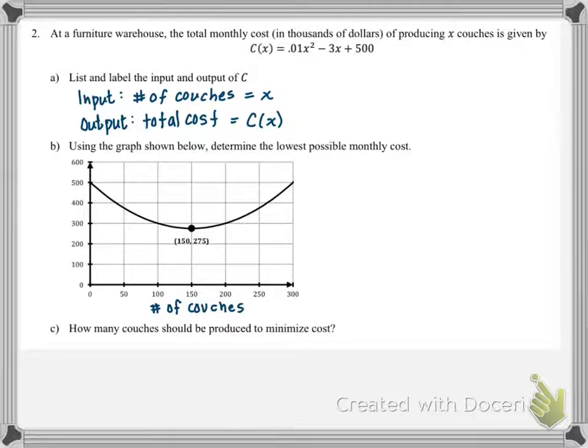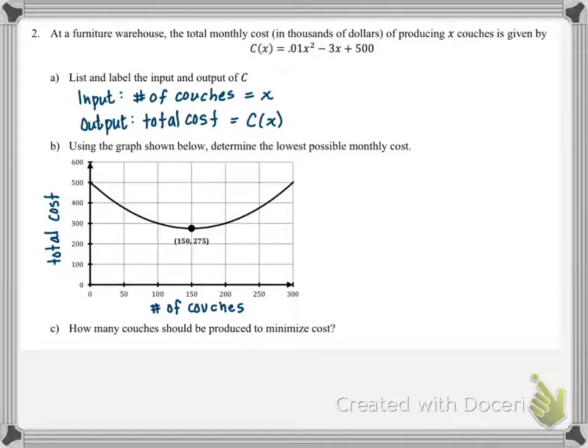And then the vertical axis, so the y coordinate, Elijah, what does that represent? The total cost. So that's always our output. So do we see what point is the lowest point? We don't need to overthink this.